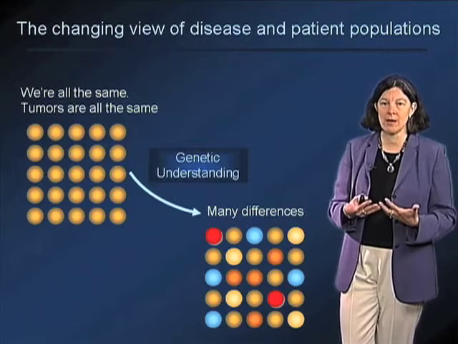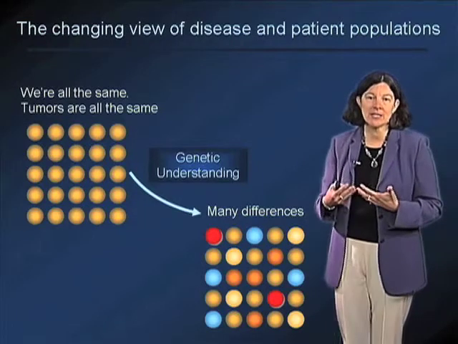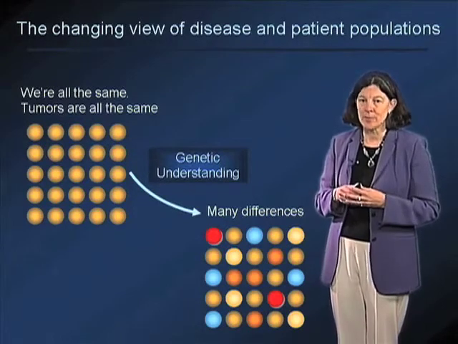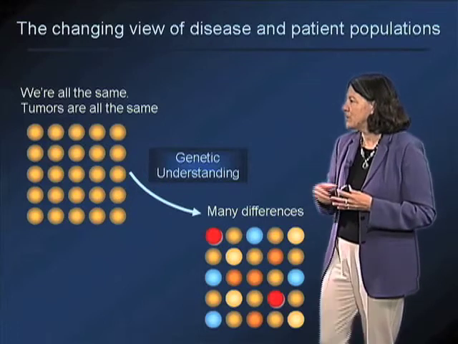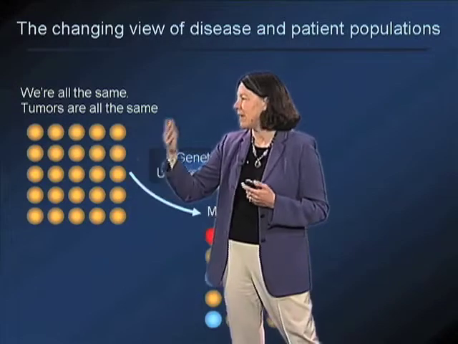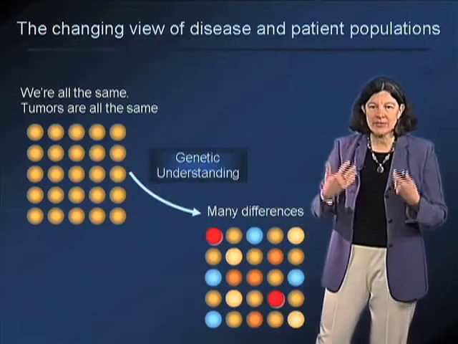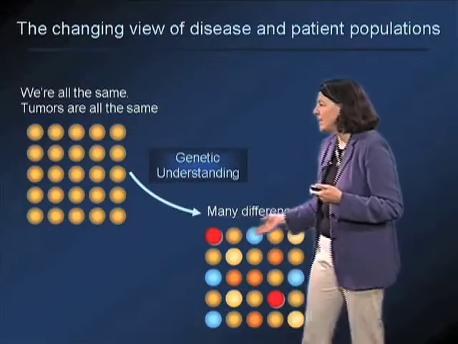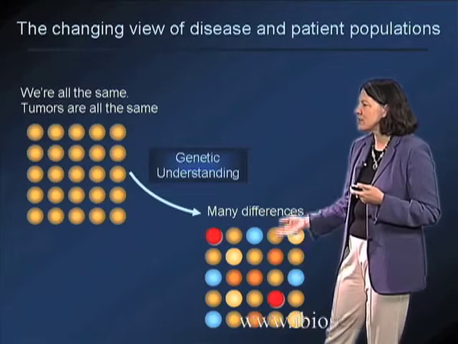And this has really come specifically through advances in genetics, molecular genetics, and the approaches that I've described today. We used to think that all tumors were the same and a tumor in any individual context was the same. We now appreciate that there are many, many differences in tumors.